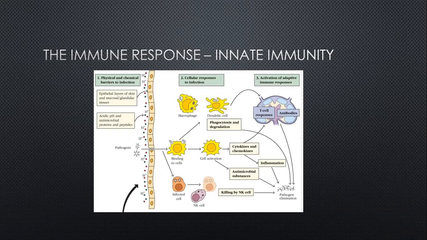Okay, and what happens if this first barrier is broken? Some pathogens enter into the body, and then the innate immunity starts with the main cells.